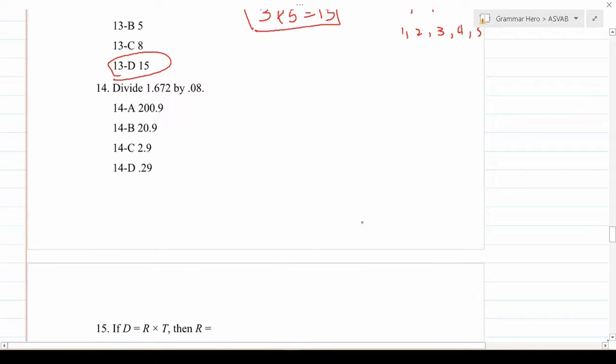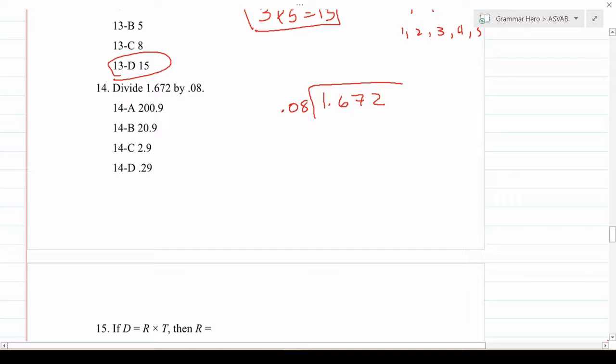Alright, 14. Divide 1.672 divided by 0.08. As far as dividing decimals goes, you cannot leave the number on the outside of the division bar as a fraction or as a decimal.